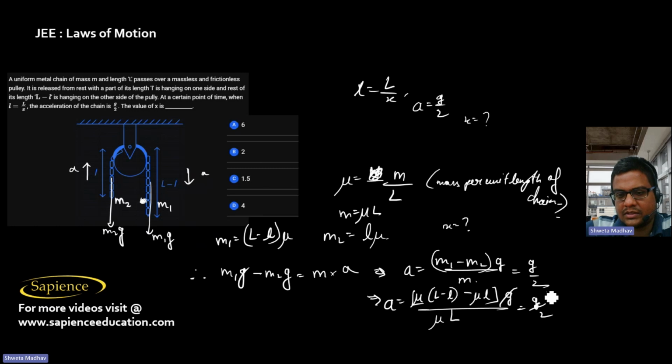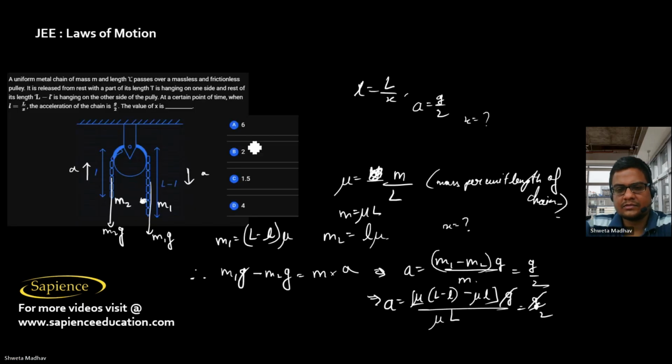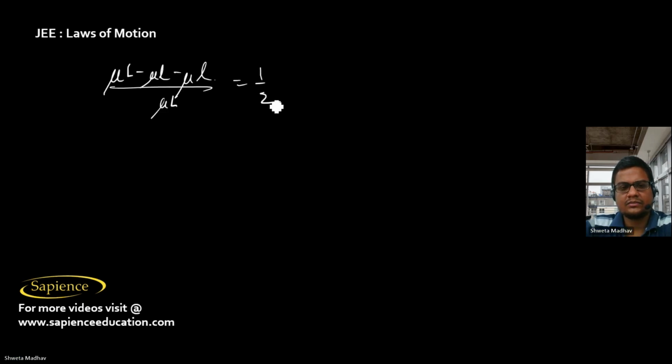So g and g will get cancelled, and we'll say mu (L minus l) minus mu l, divided by mu into capital L, is equal to 1 by 2.